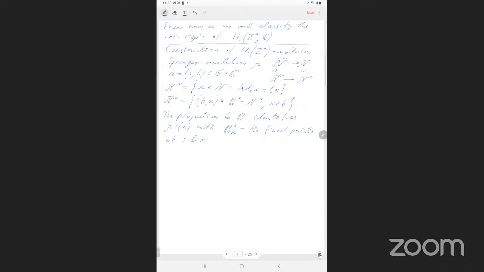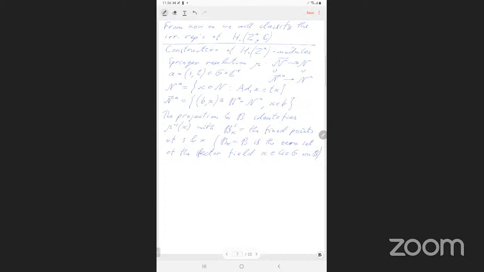So let me write it down: B_x in B is the zero set of the vector field x in Lie G on this flag variety.